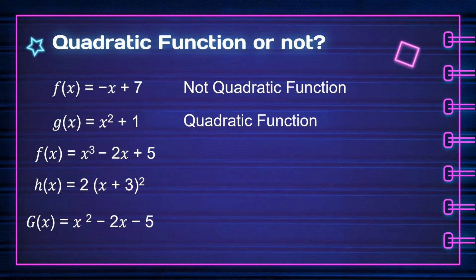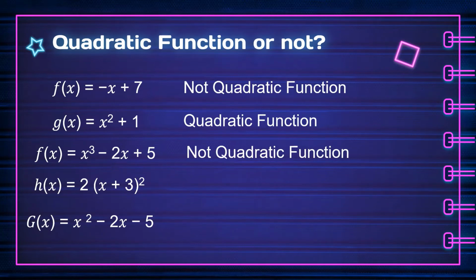How about if we have f of x equals x cubed minus 2x plus 5? Is it a quadratic function? Correct. It is not a quadratic function since the degree is 3. How about if we have h of x is equal to 2 multiplied by x plus 3 quantity squared?